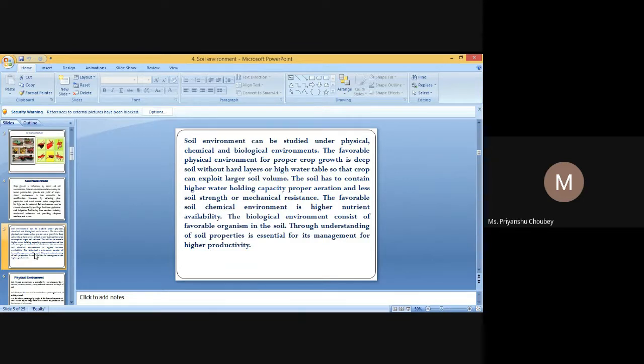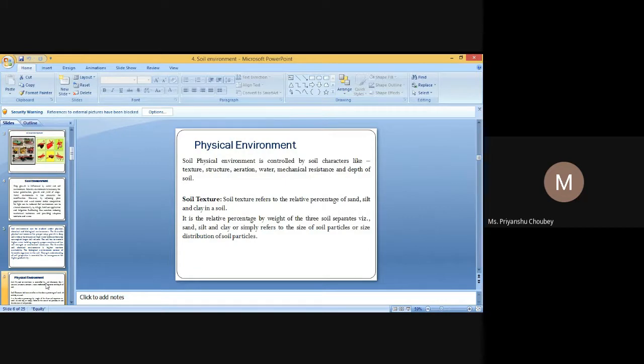The soil has to contain a higher water holding capacity, proper irrigation, and less soil strength or mechanical resistance. The favorable soil chemical environment is a higher nutrient availability. The biological environment consists of favorable organisms in the soil. So, understanding of soil properties is essential for its management for higher productivity.